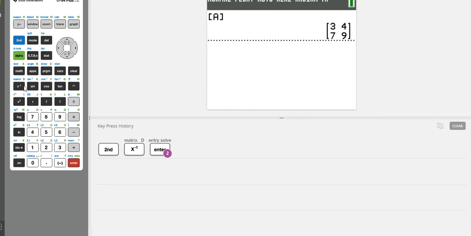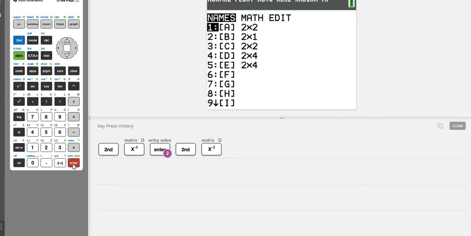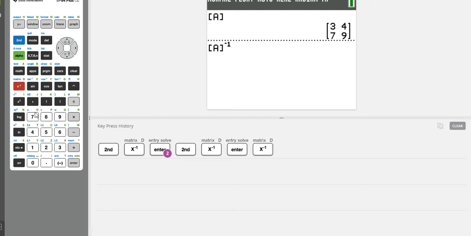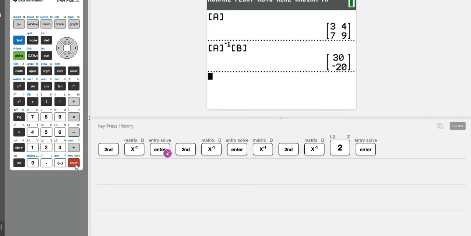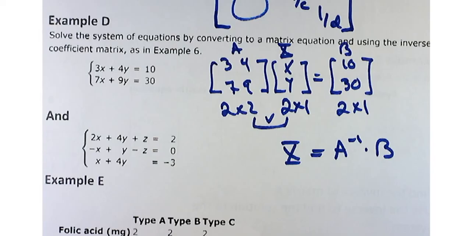So if I want A inverse times B, matrix B, that's my answer. 30, negative 20. That's it. You're done. The hard part is just entering in the matrices.